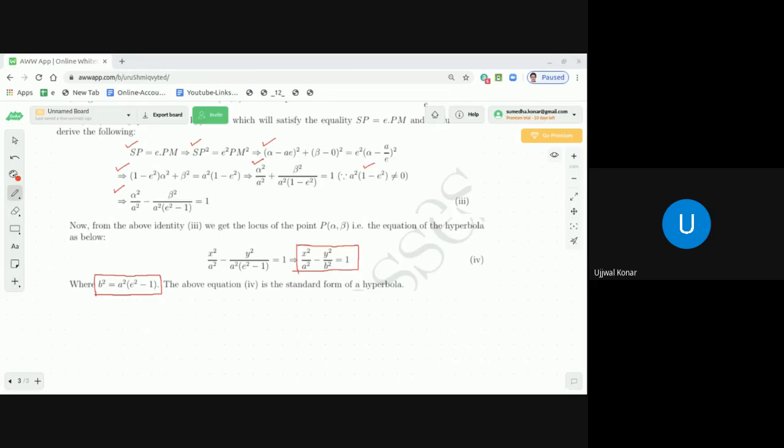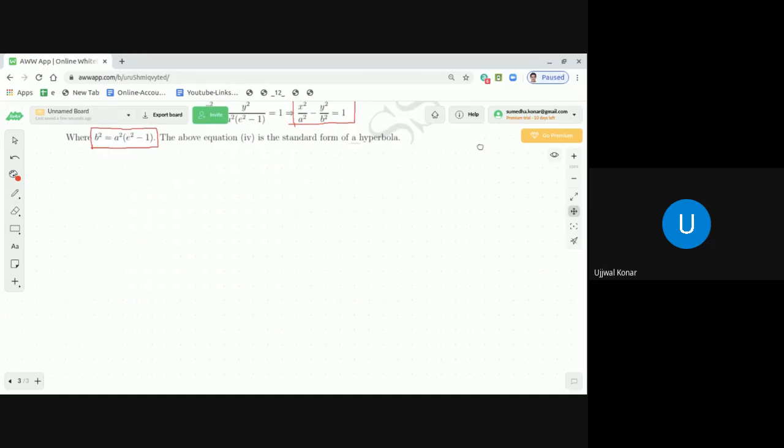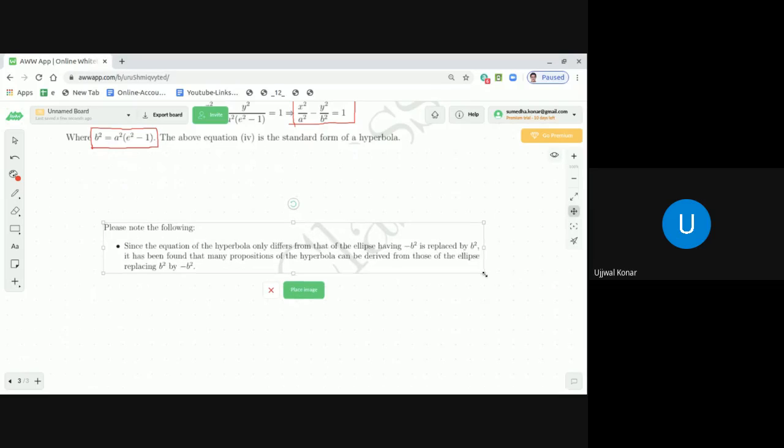So there are a few important points to remember, and that I'm going to discuss with you. Let me first place this point, followed by let me explain. So here is a statement.